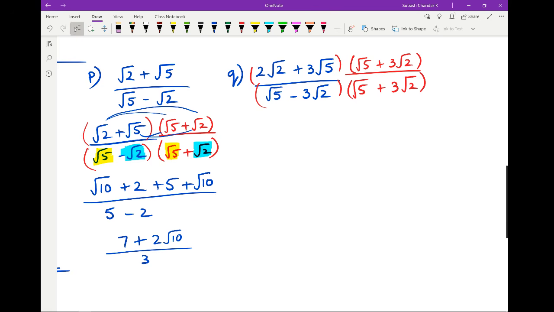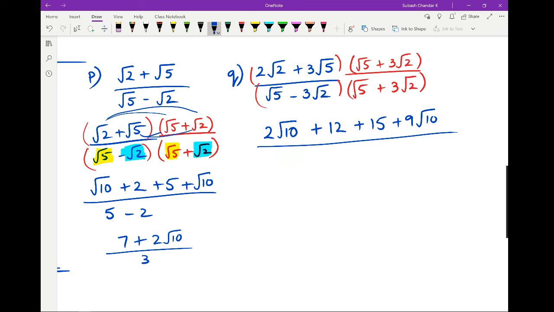This is going to take some super concentration, especially at 10:30 at night, but let's give it a go anyway. First thing, 2 root 2 and root 5 is going to be 2 root 10. Then I've got 2 times 3, which is 6, times 2, so that's going to be 12. Plus 3 root 5 times root 5 is 15. Plus 9 root 10. I hope I got that right.